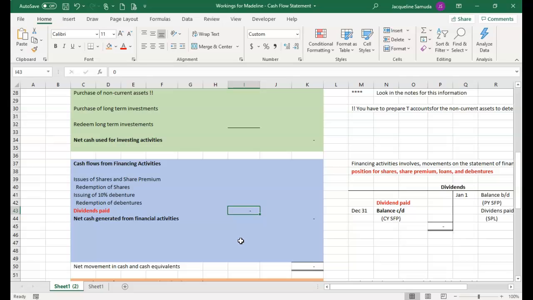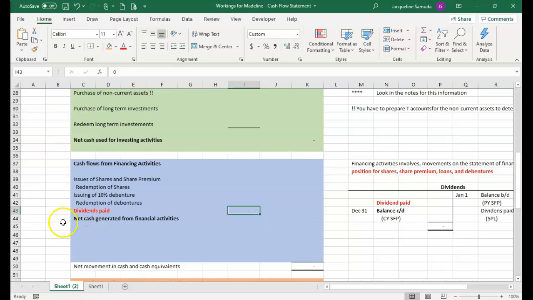And this dividend has to be determined by T accounts. So this is one of the lines where to arrive at this figure, you have to create a T account called dividends.